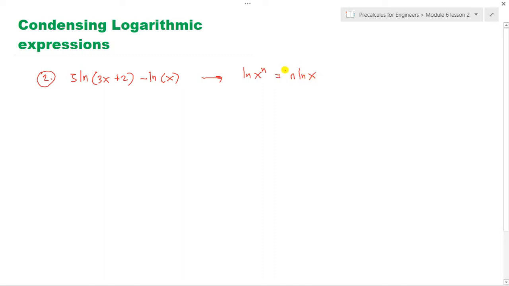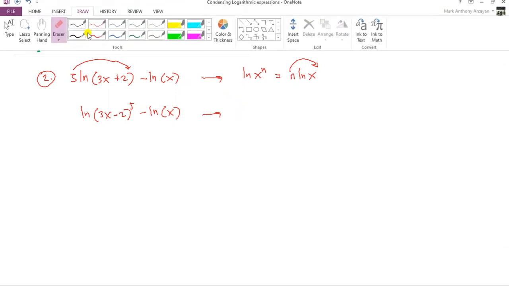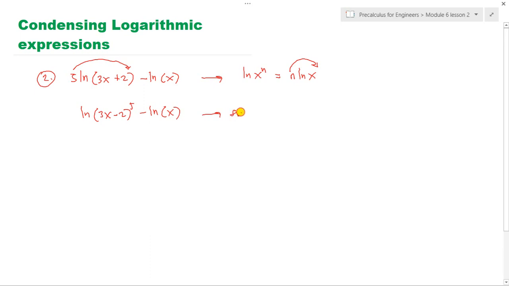So atong buhaton kay butang na siya sa exponent. So here ang 5 mabutang sa exponent. So that is ln of 3x minus 2 raised to the 5 minus ln of x. So since this is division, this is subtraction, di ba? Since nag-subtract mo og logarithmic expression, unsay conversion niya?